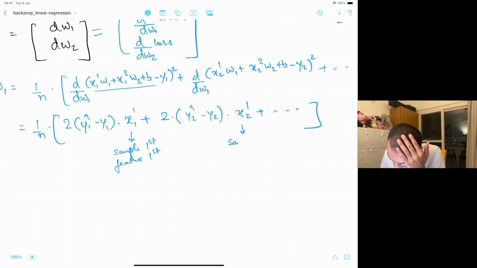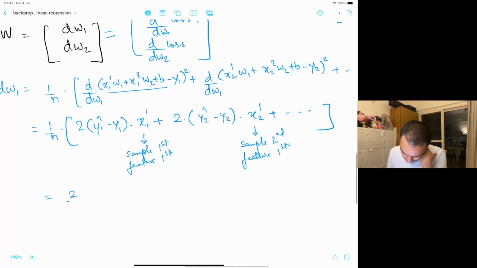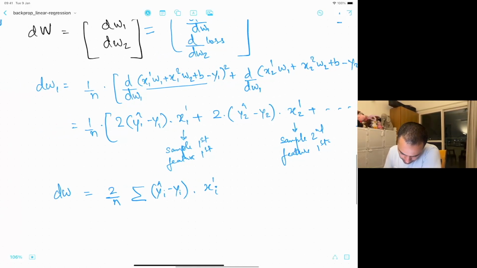This is sample second, feature first. So basically, if you simplify, this would be 2 over n summation of y hat i minus yi times x1i. So x1i is nothing but all the samples of the first feature. That is dw1.